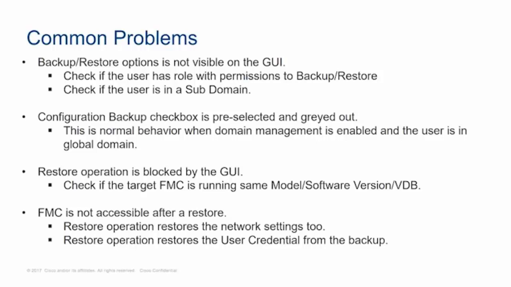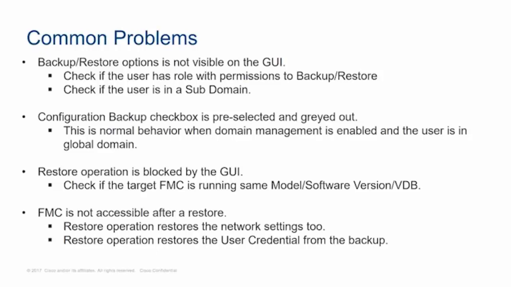It's going to restore all your user credential information and all your network settings. Once the restore is complete, it's going to change everything to the point where the backup was taken. So if you are connected to the device by GUI or SSH on a different network setting, once the restore completes, it's going to change that to the one that is available in the backup.